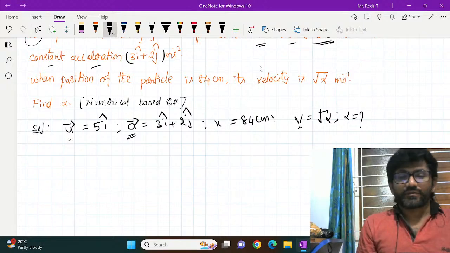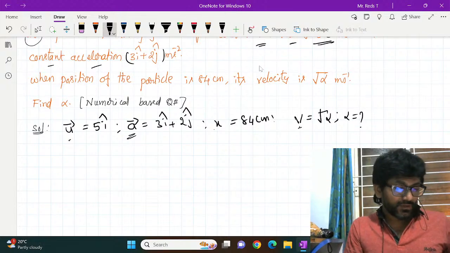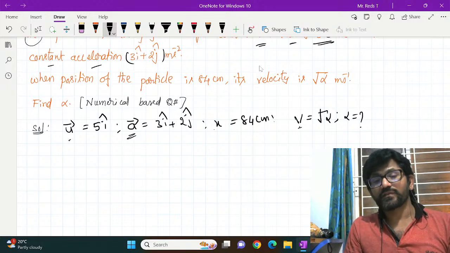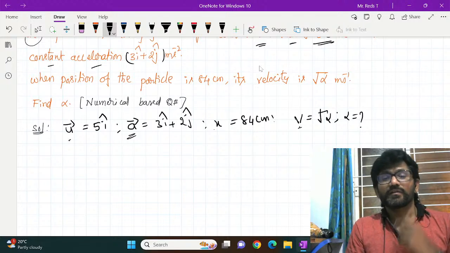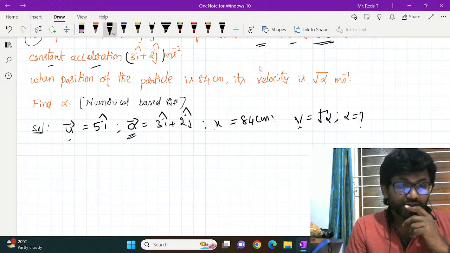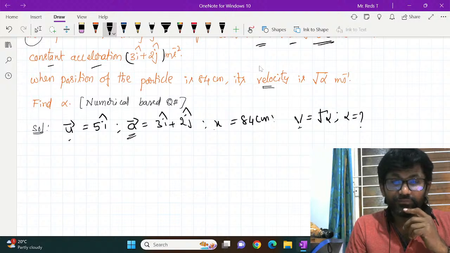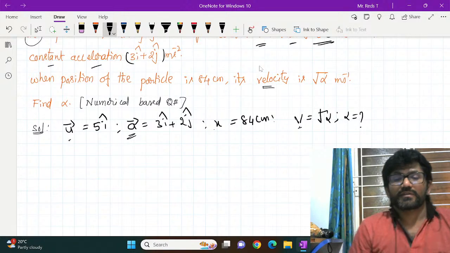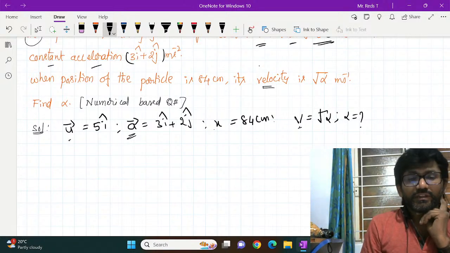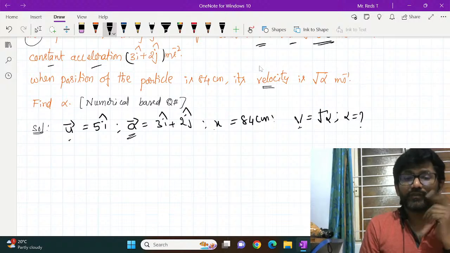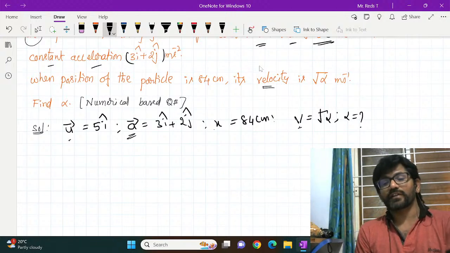Any of these relations you can use, but if you think about the relation x is equal to ut plus half at square, u is given, a is given, t is not given. You're asked to find final velocity. We can say v is equal to u plus at. u is given, a is given, t is not given. So we have to find t, then you can make use of that equation.